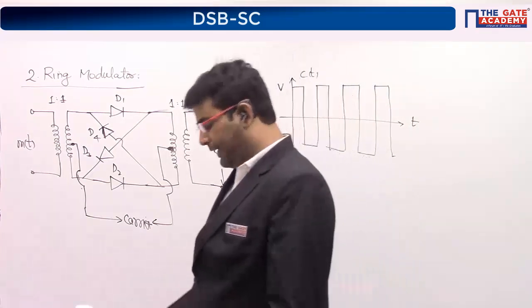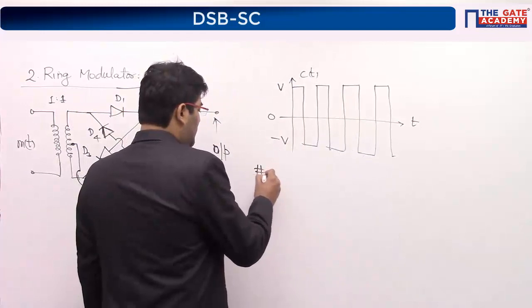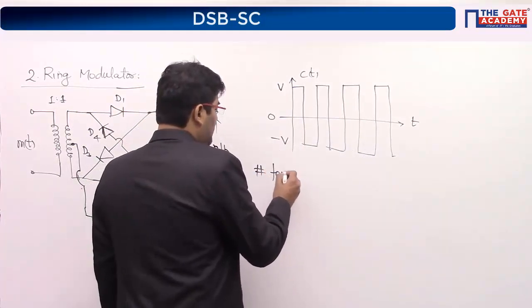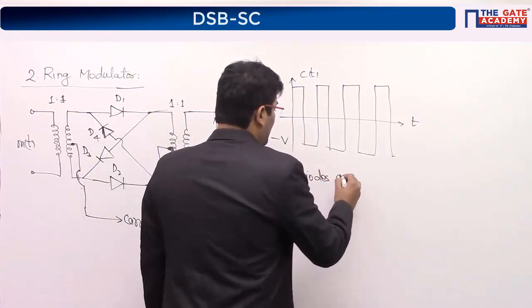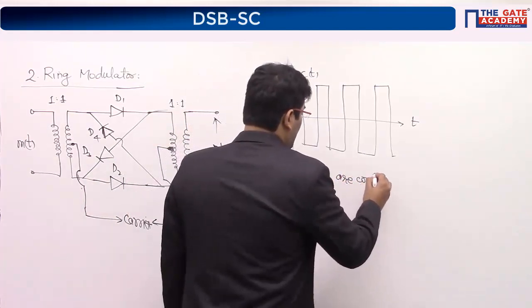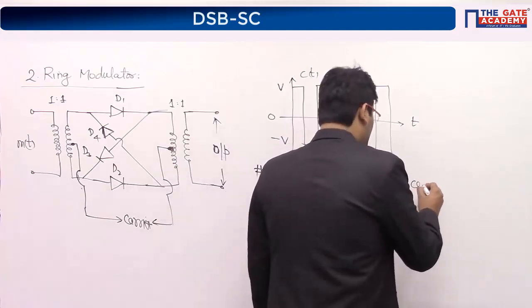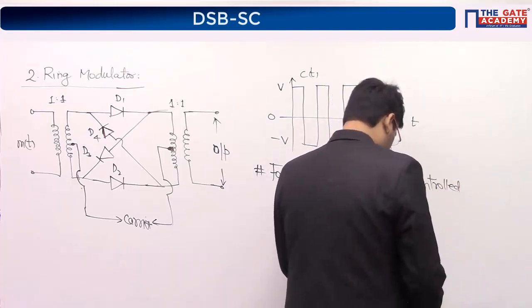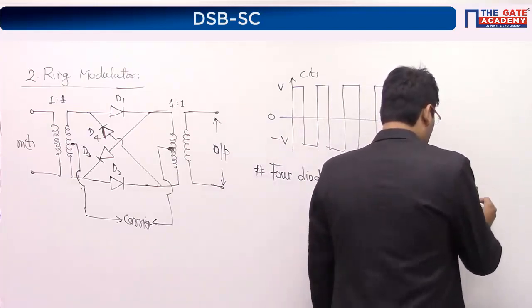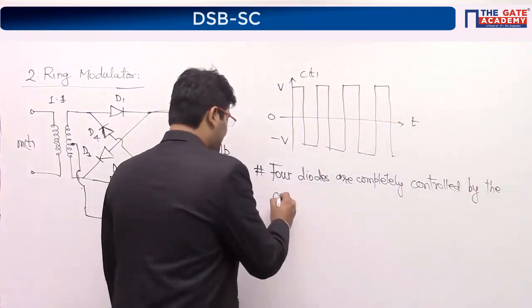Now, let's go case by case. But before that, write that point: 4 diodes are completely controlled by the carrier polarity.